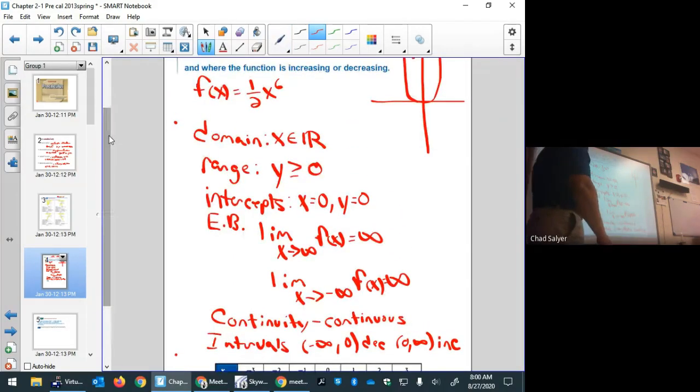So there are all the characteristics of that function based on that sketch of the graph. Stop me if you have a question. All right, everybody cool? Move on to another one here.